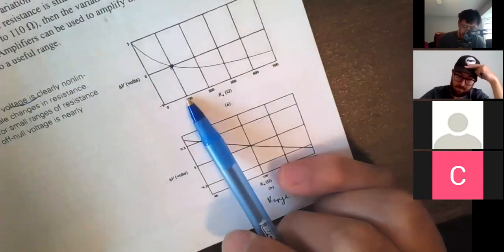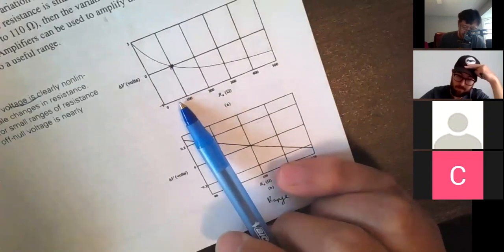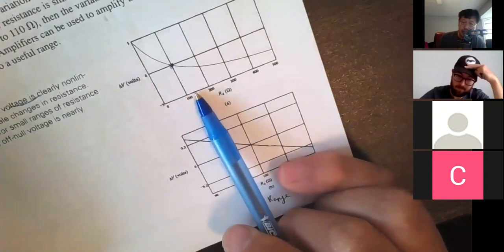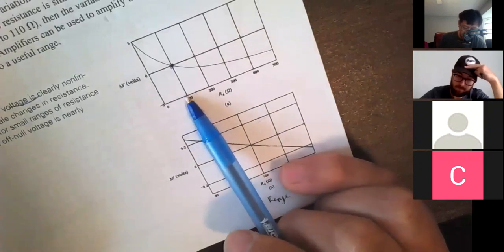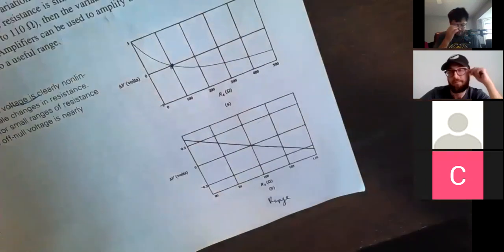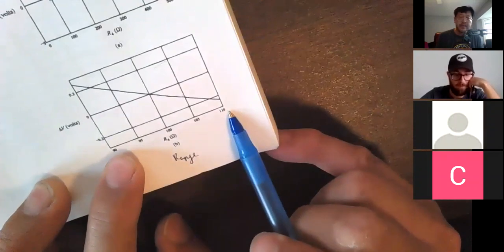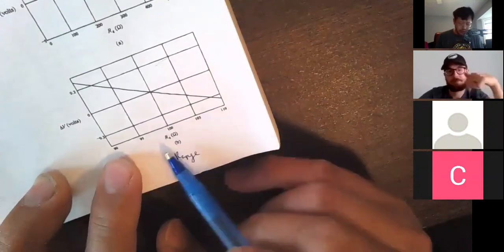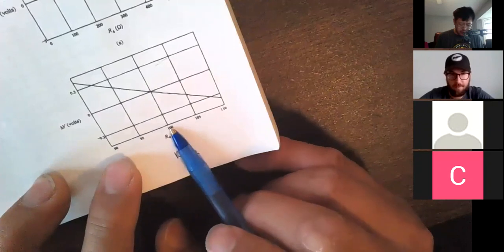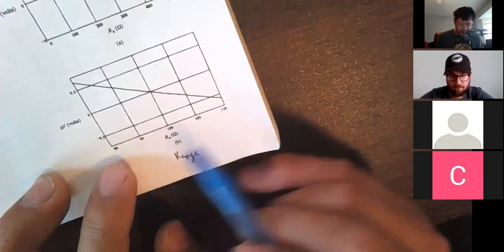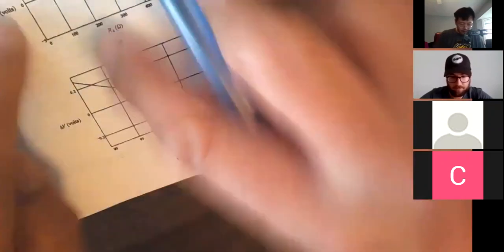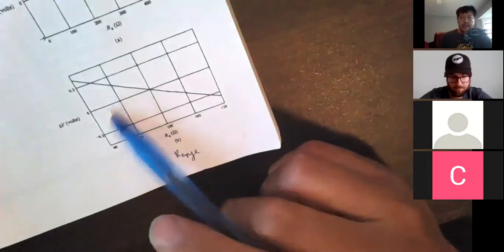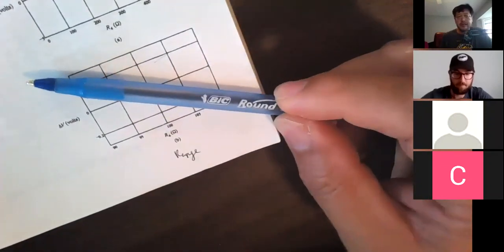Usually its resistance only changes from 80 to 120, for example. So minimum is 80 ohm, maximum will be 120, or 90 to 110. If the resistance only varies from 90 to 110 and we look at this small portion, it's almost perfectly linear.